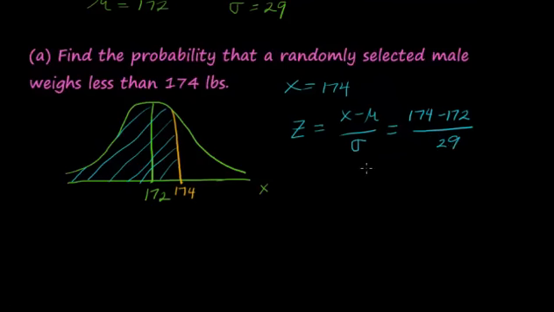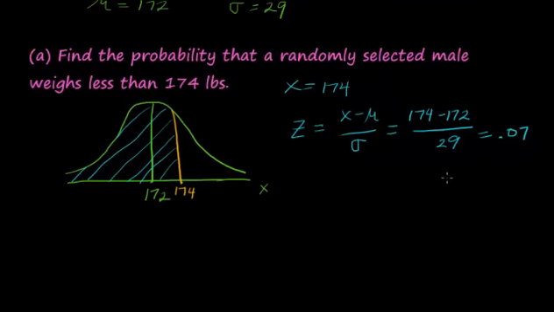And this is not much above the mean. We get approximately, rounded to 2 decimal places, 0.07. So that's the z-score for 174.